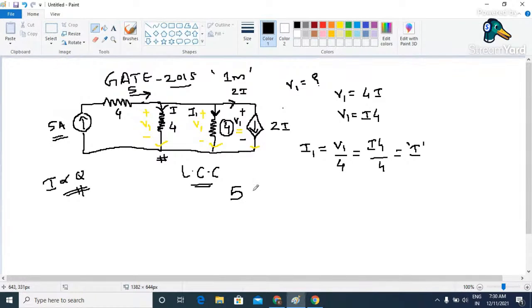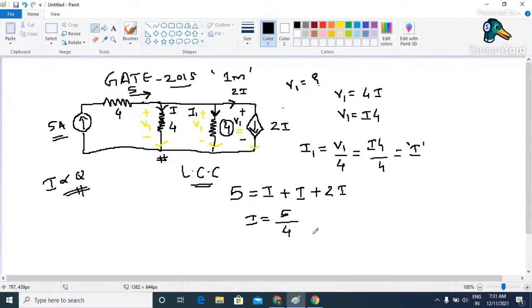So this 5 is going to be equal to the current flowing through this particular resistor, which is nothing but I, plus the current flowing through this particular resistor, which is nothing but I1, and we know that I1 is V1 by 4, and V1 is nothing but 4 into I. So we can write I1 as again I, and then plus the current flowing through this particular branch, which is nothing but 2I. So if you solve this, we can write I as 5 divided by 2 plus 3 plus 1, which is nothing but 4. So I can write I as 5 by 4.